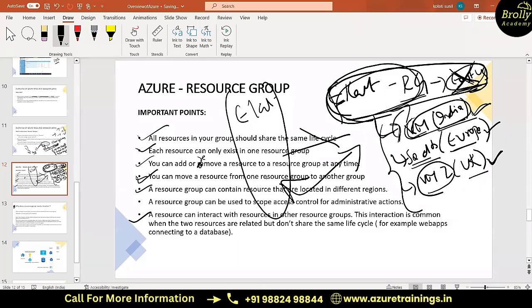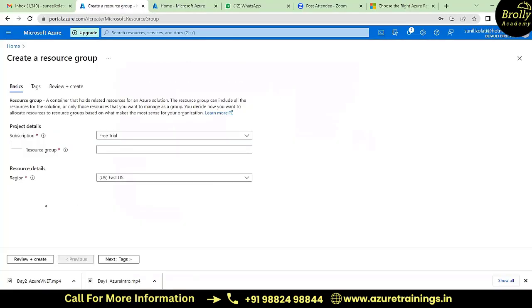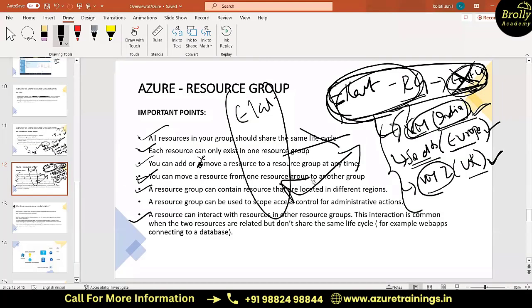So what is the importance of this location? Interviewers may ask, why do we need to provide a region, I mean a location, for a resource group? Without location also we can place all these things, right?